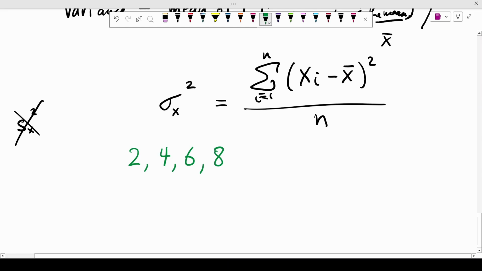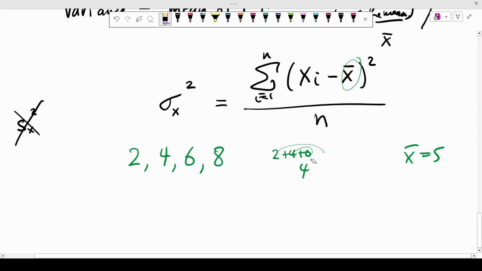Okay, that's the data set. How would we calculate the standard deviation and the variance by hand? Well, first we'd need to get the mean. So we would go 2 plus 4 plus 6 plus 8 over 4 data points, which is 20 over 4, 5. Okay, so my mean is 5.